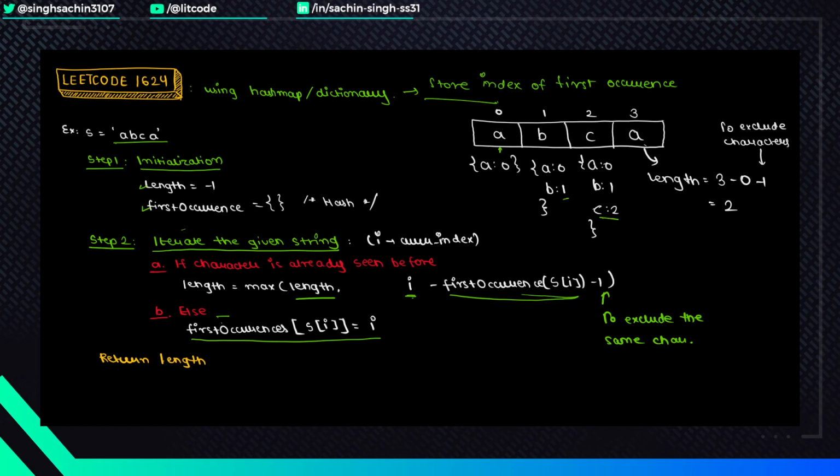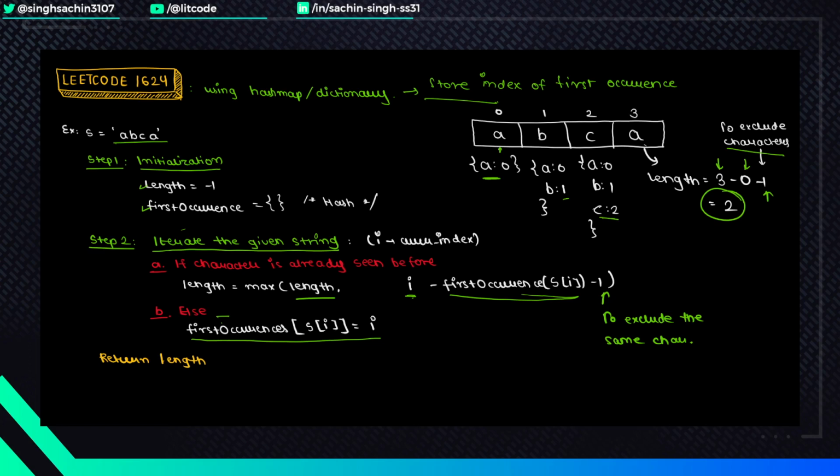Now when we came back again to A, we have already seen that element before, right? So we'll take the current index, which is 3. We will get the index where the character was seen for the first time, which was 0, and we subtract 1 to exclude the same characters, and we'll get the result we wanted.